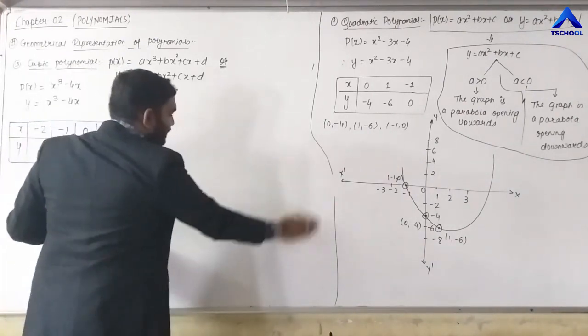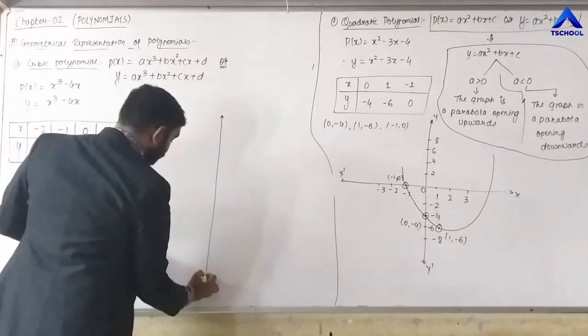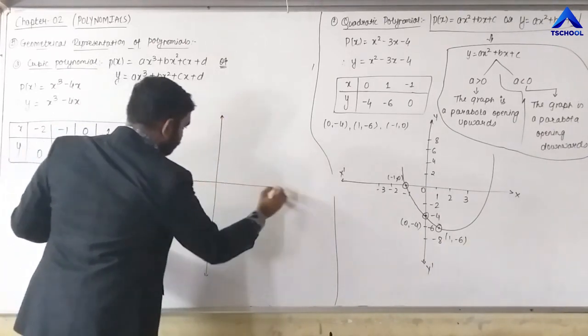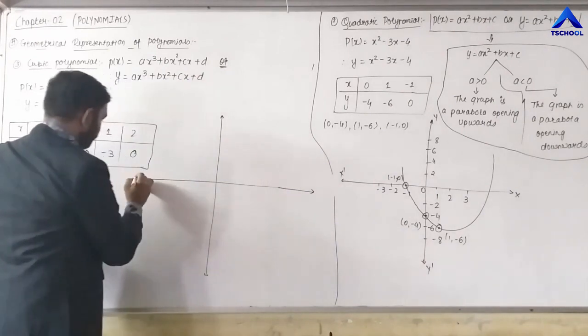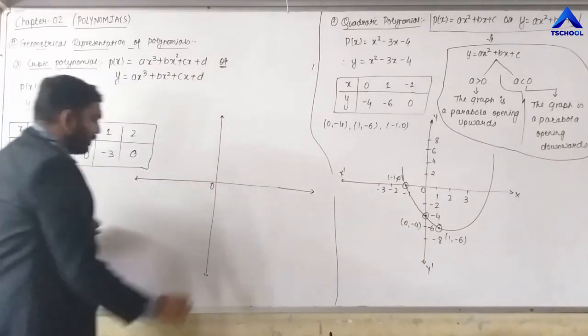So first of all, we shall draw the x-axis and y-axis. That is 0. On the x-axis we need 1, 2, 3, minus 1, minus 2.